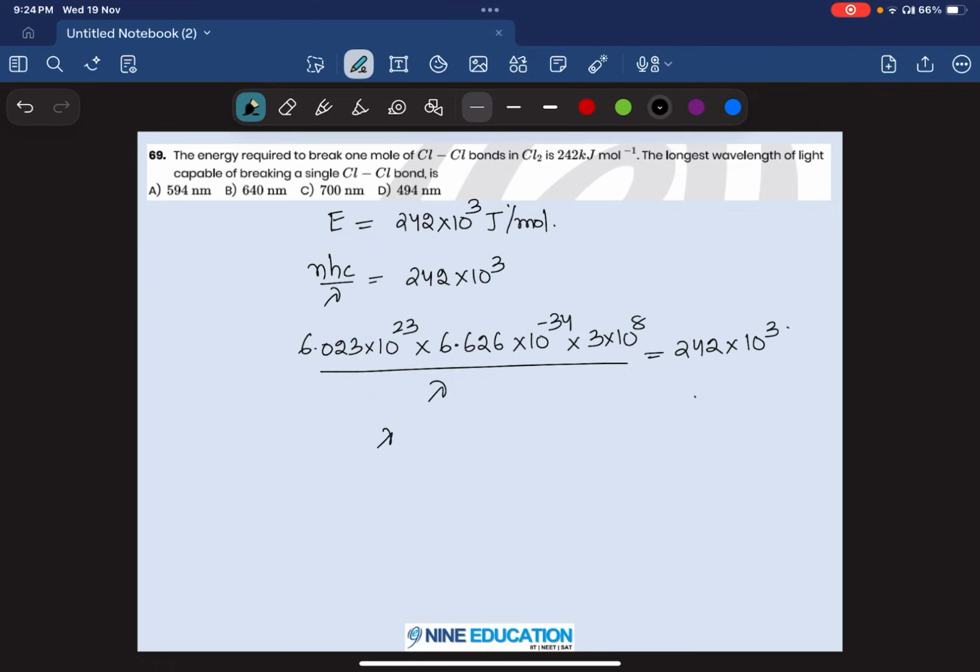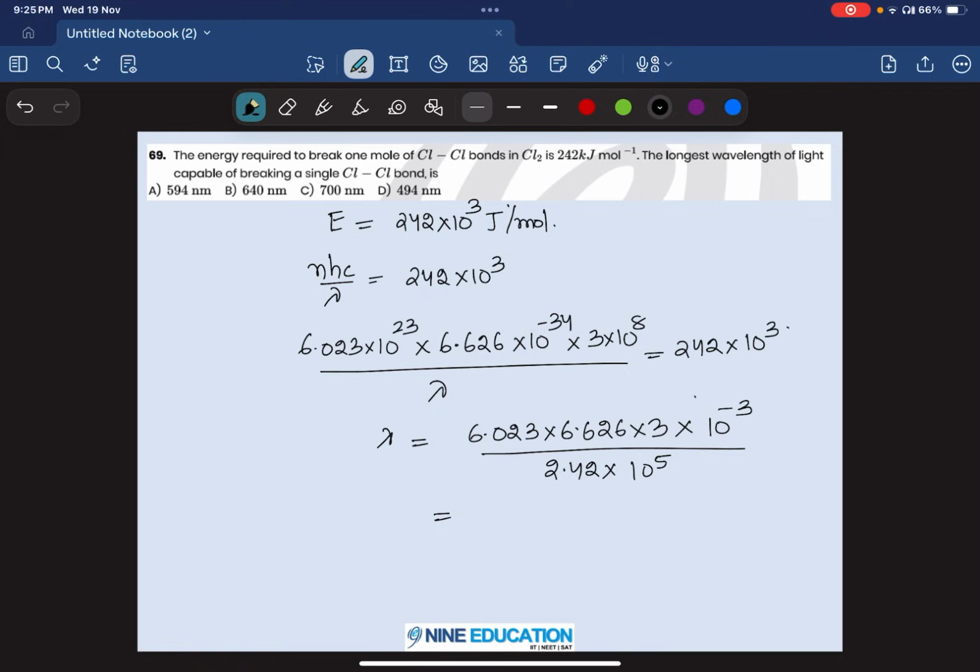Here we need to just find the lambda with this calculation. The calculation part is the risky part. 6.626 into 3 into 10 power 23 plus 8 is 31. 10 power minus 3, it would be 2.42 into 10 power 5.